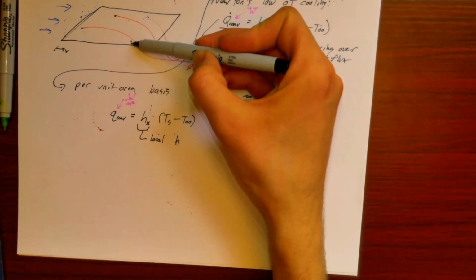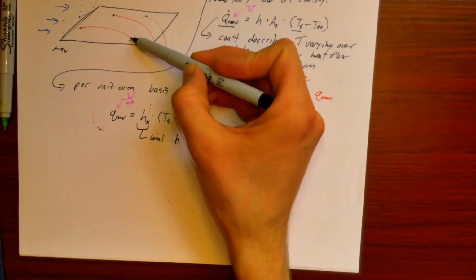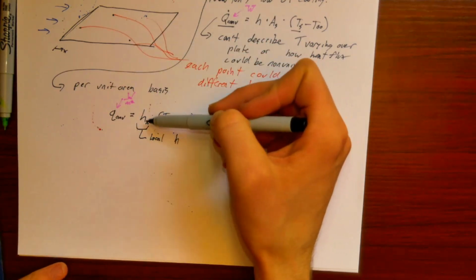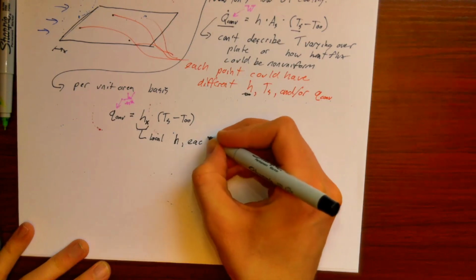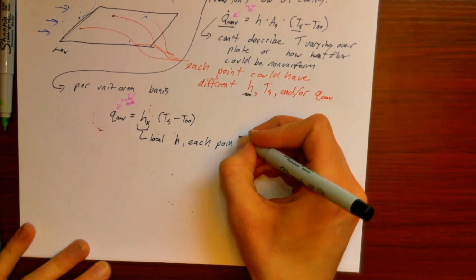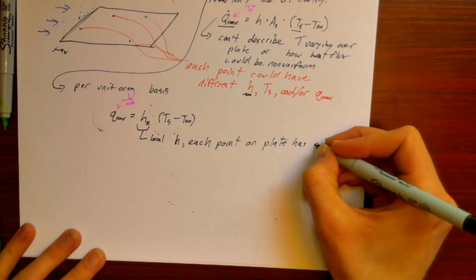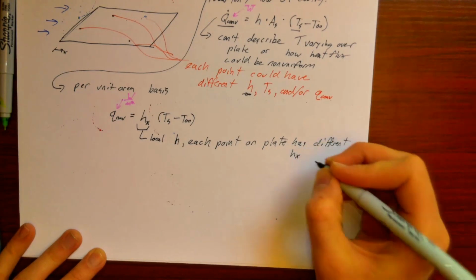It's saying, at this point, what is the relationship between the watts per square meter flowing out of the surface, this particular point's Ts, and this particular point's h. So it's a local h, and each point on the plate has a different h sub x.